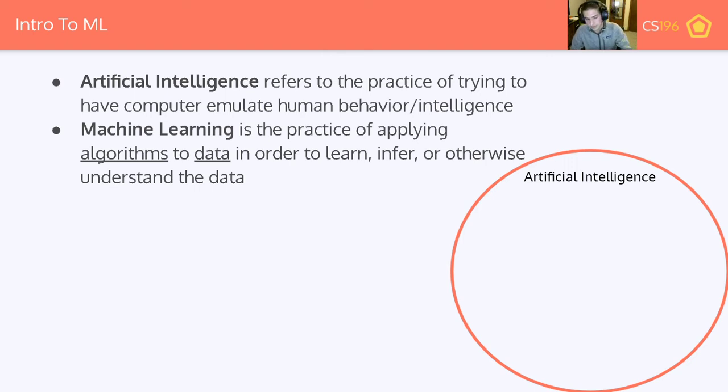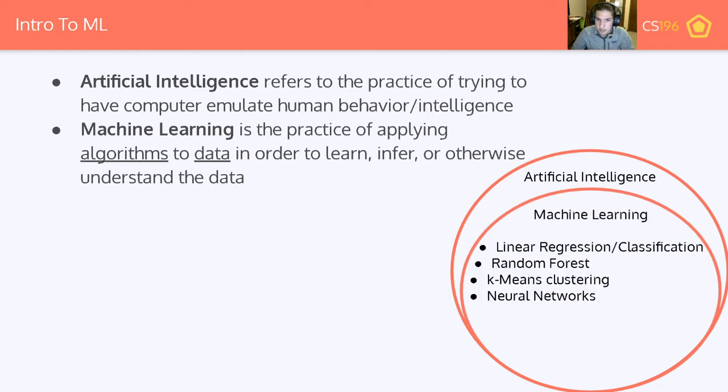Now, the two parts that I have underlined here are the most critical ones: first, the algorithms that are going to learn from this data somehow, and second, the data itself. The whole idea of machine learning is you have some data set that you would like to learn from, infer, or otherwise understand, and by applying these algorithms, we can get useful information out.